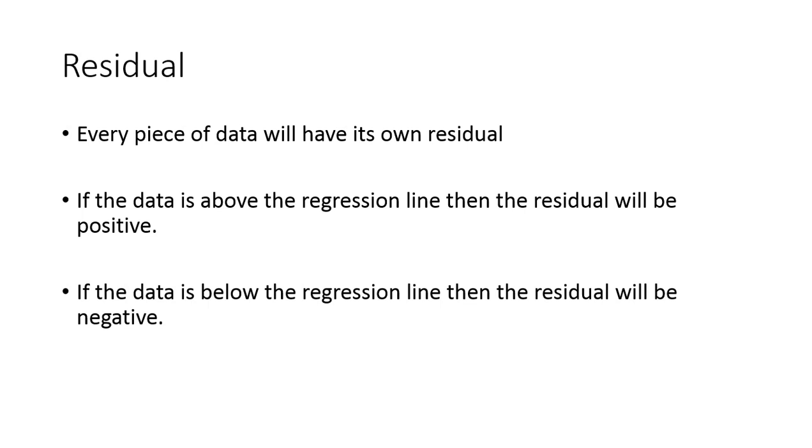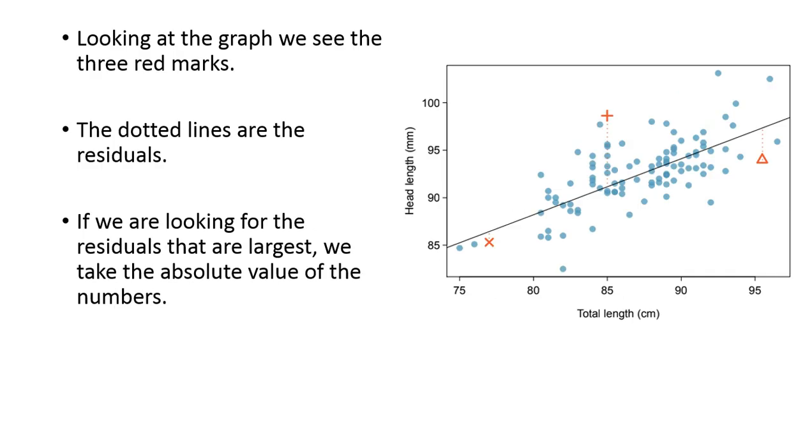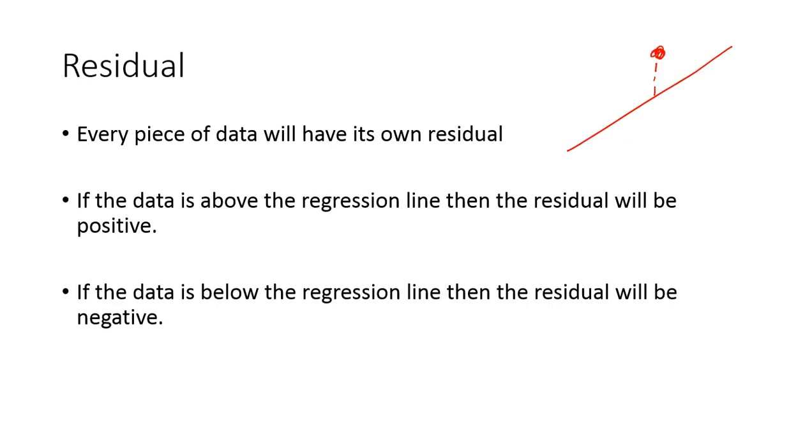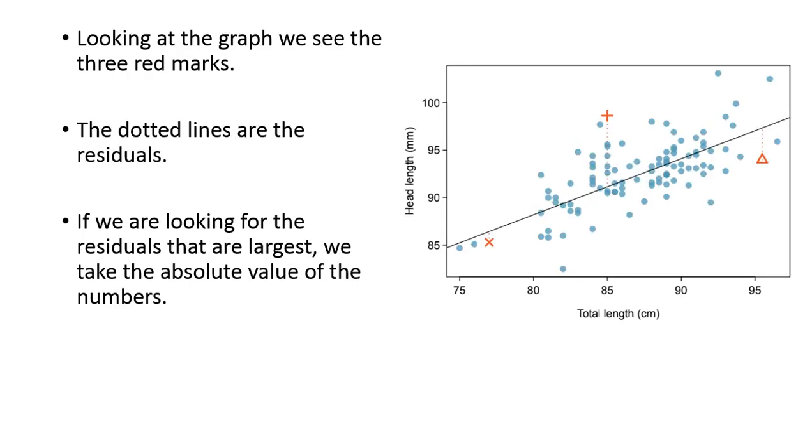So if you have a line of best fit, and then you have a point up here, this distance would end up being positive, because it is above that line. If you have a point that's below it, down here, that would be a negative. Because if you remember, we take data point minus the line of best fit to get our residual. So if the data point is above the line, it's a positive residual. If it's below, it's a negative.